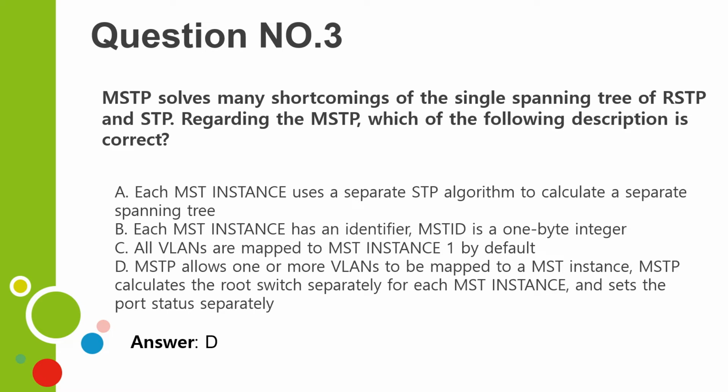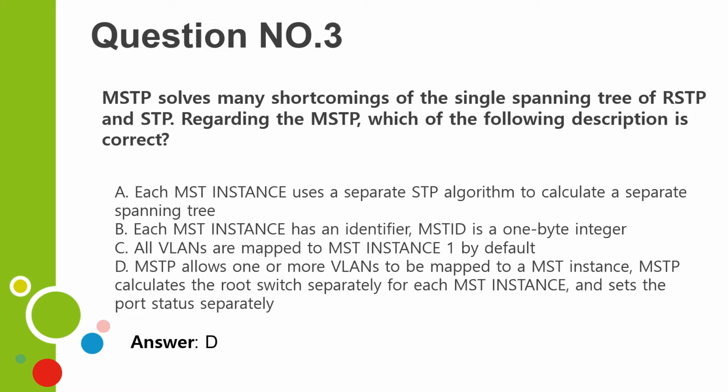Question number 3. MSTP solves many shortcomings of the single spanning tree of RSTP and STP. Regarding the MSTP, which of the following description is correct? A. Each MST instance uses a separate STP algorithm to calculate a separate spanning tree. B. Each MST instance has an identifier.